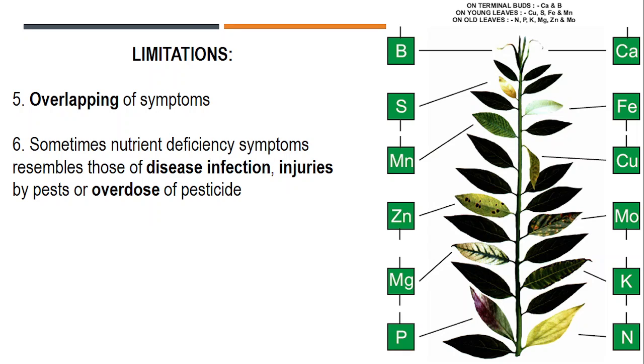You should be mindful of that because you might be misdiagnosing it as bronzing due to calcium deficiency. Okay, so let us be mindful when we do this type of diagnostic technique because there is a possibility of misdiagnosis.